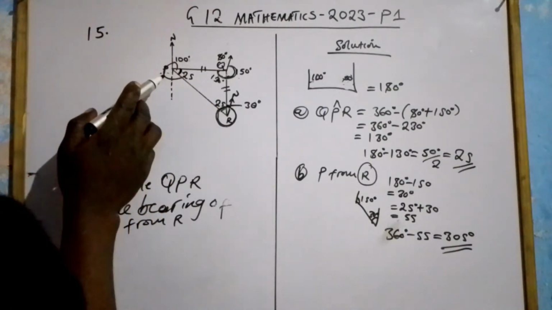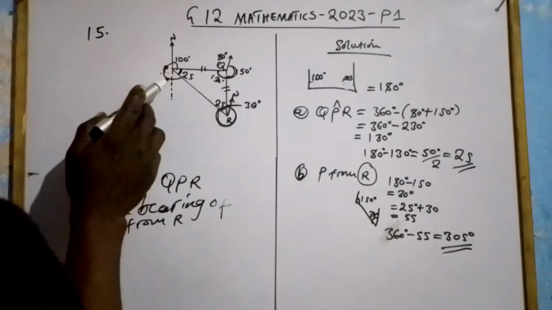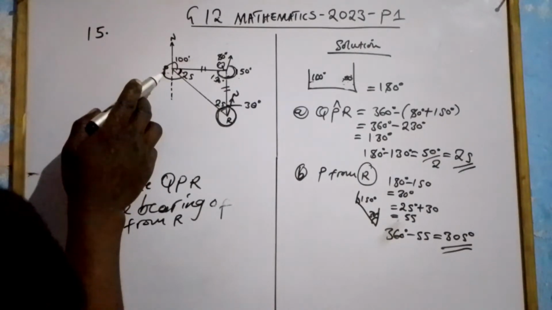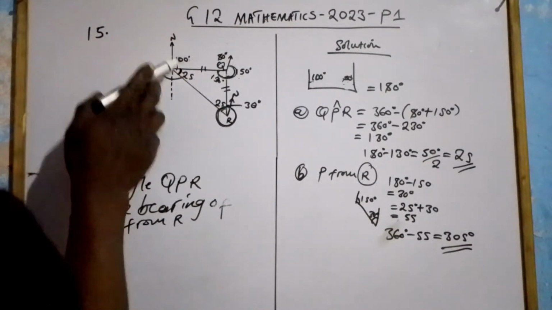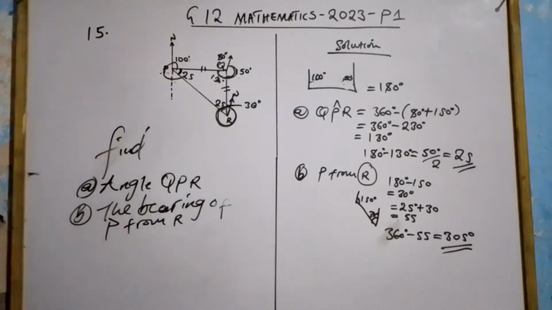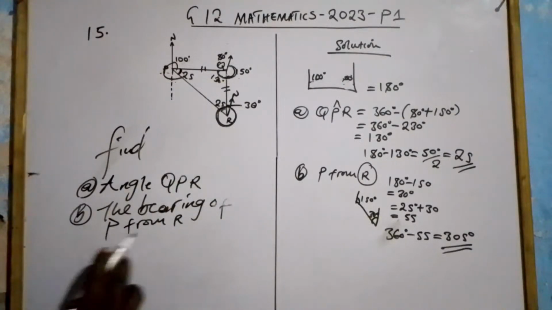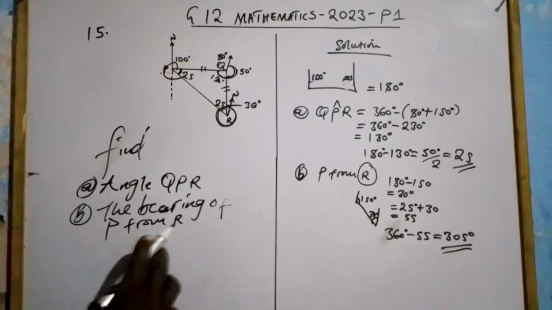Since this one adds up to 180, then here we have 100. So that means you are going to add 180 plus 100 plus 25. You are going to find the angle which is here. But this lesson is only handy at finding the bearing of P from R.